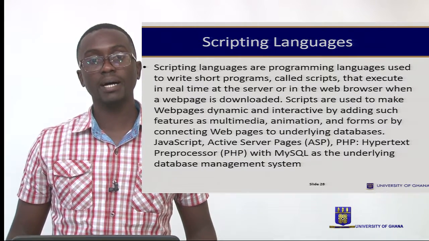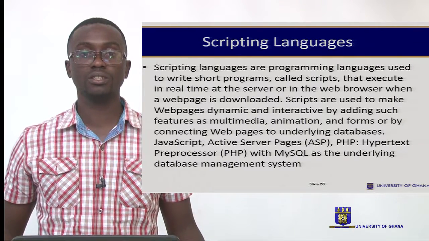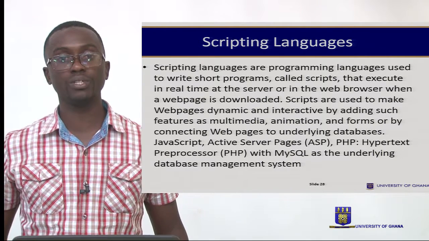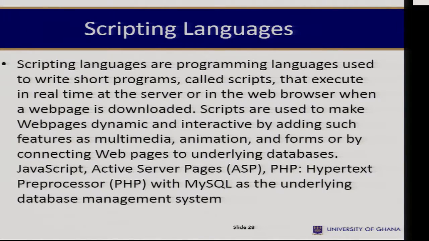We talk again about scripting languages. Scripting languages are programming languages used to write short programs called scripts that execute in real time at the server or in the web browser when the web page is downloaded. Scripts are used to make web pages dynamic and interactive by adding such features as multimedia, animation, and forms, or by connecting web pages to underlying databases.